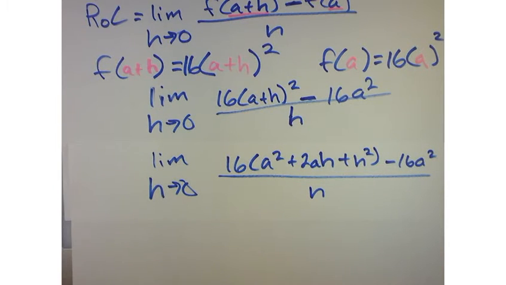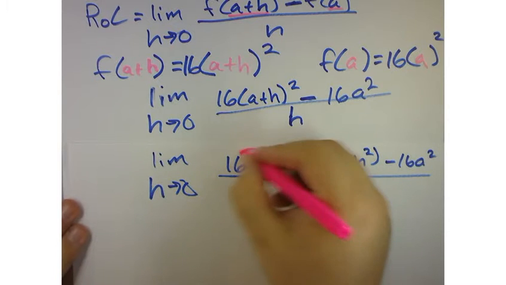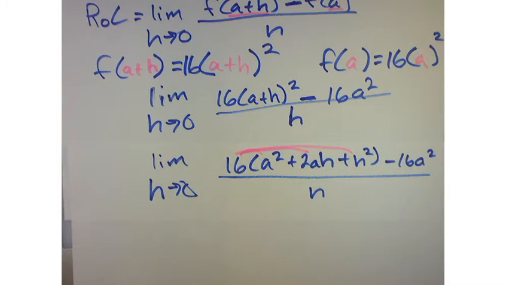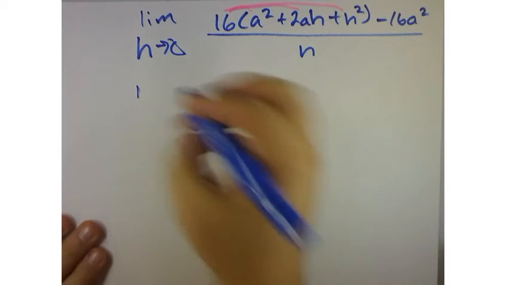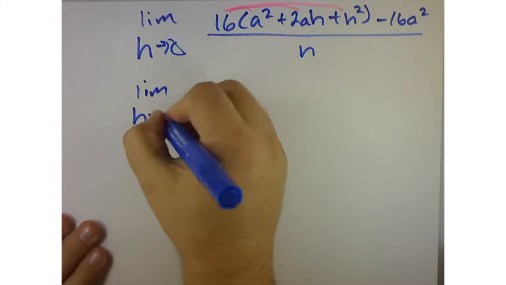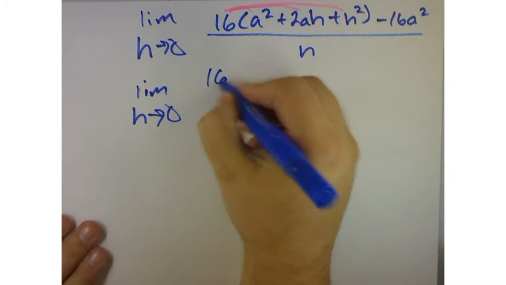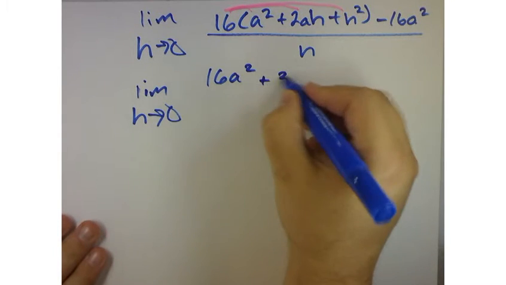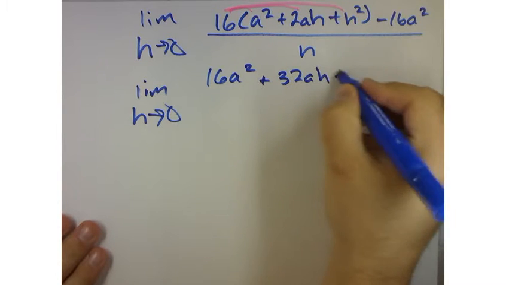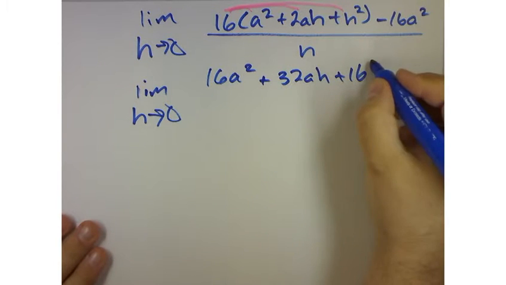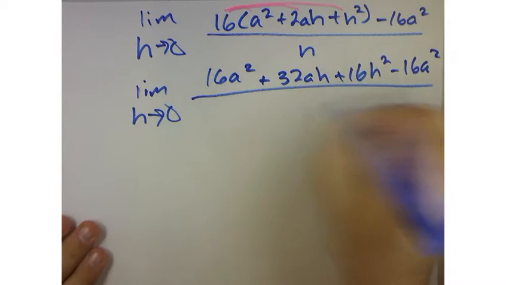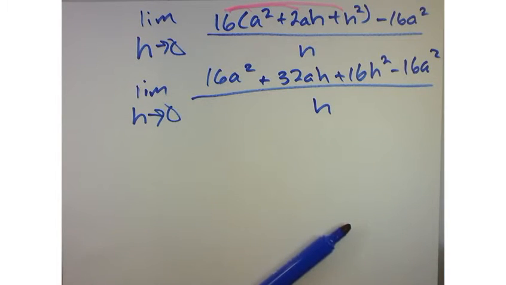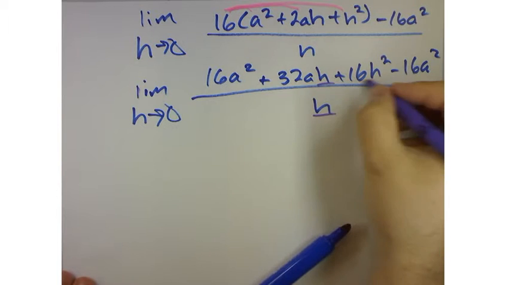So next thing I need to do is expand this because we'll probably do some simplifying. As I expand that in the next line, the limit as h approaches 0 of 16a squared plus 32ah plus 16h squared minus 16a squared all over h. Well, watch this. I have an h here, I have an h here, I have an h here.